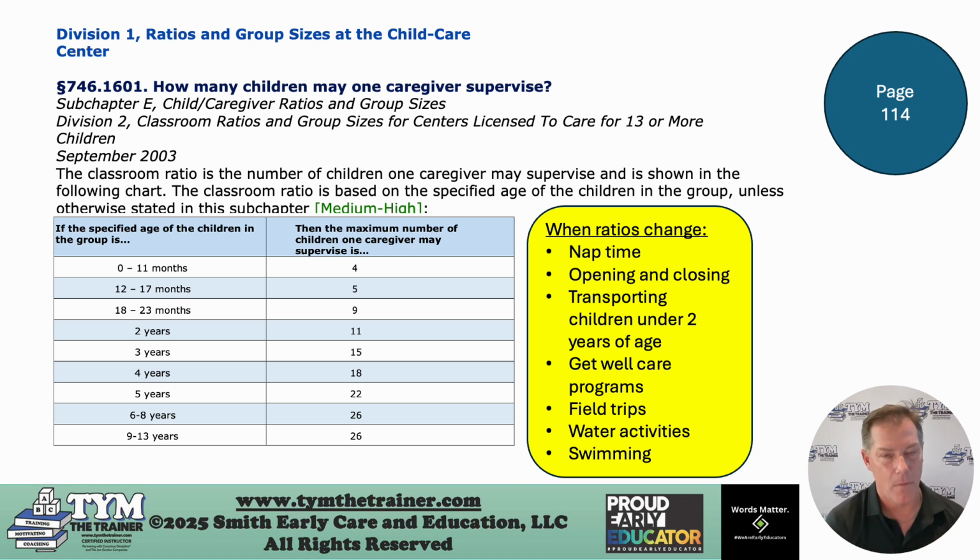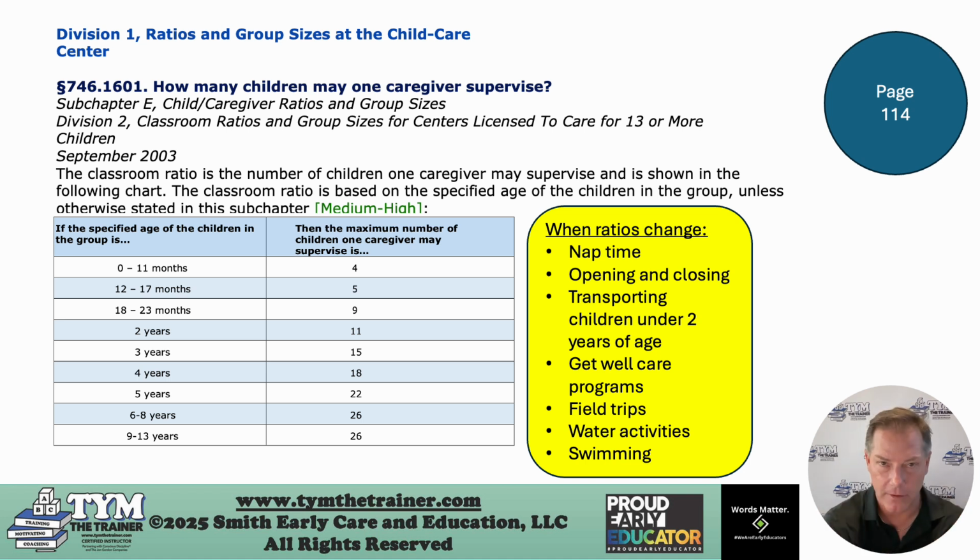But just know that child-staff ratios are not the only thing that's going to keep children safe. It is definitely a contributing factor, but there's a lot of other stuff that has to be in place to keep our children safe and to keep us in compliance. These are the minimum standards that have to be met. If your facility is able to exceed and have lower child-staff ratios, then good for you.